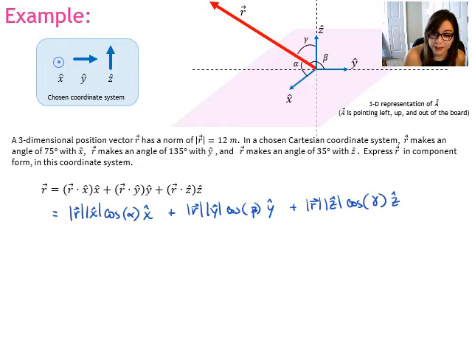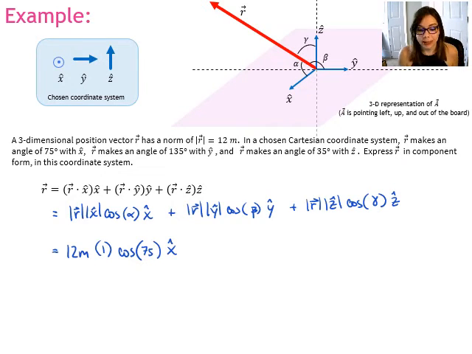So I've just simplified these dot products using the definition of the dot product. Now we can plug in some numbers at this point. The norm of r is 12 meters. The norm of x hat is the number 1. And angle alpha, they told us, was 75 degrees. That was the angle between r and x hat. And then don't forget your x hat. That was on the end there that defines this vector component.